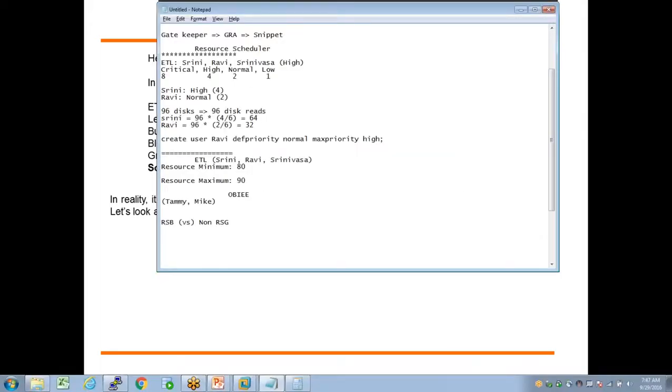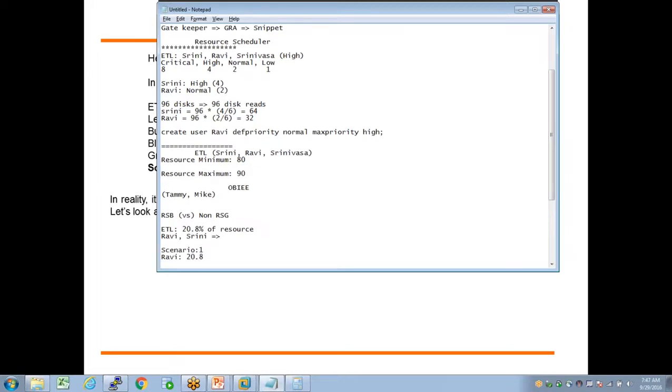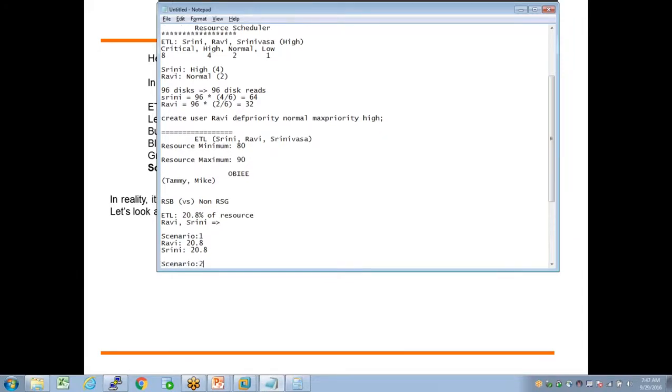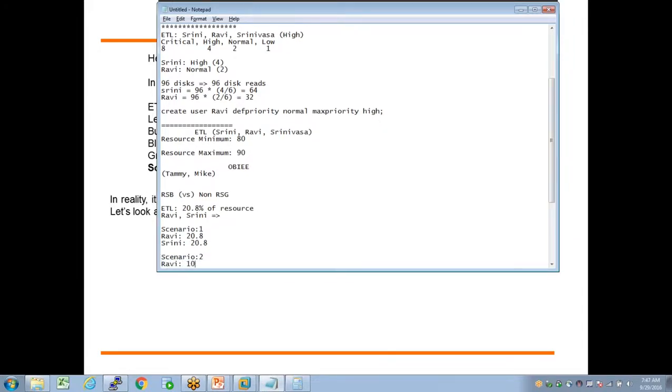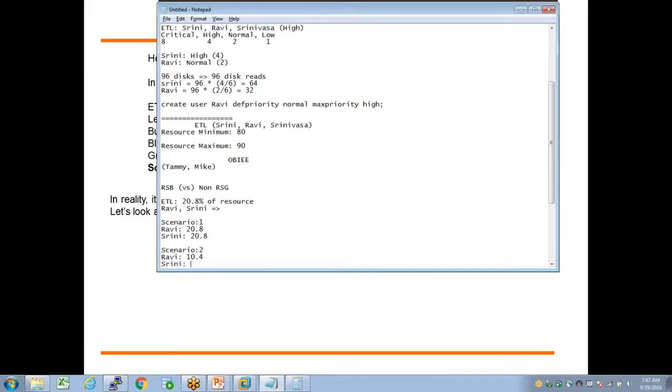When I say ETL gets 20.8% of resources, and Ravi from ETL and Srini from ETL are both logged in and submitting the job, what happens? Is this scenario like this? Ravi gets 20.8, Srini gets 20.8, or is it scenario 2? Ravi gets 10.4, Srini gets 10.4.